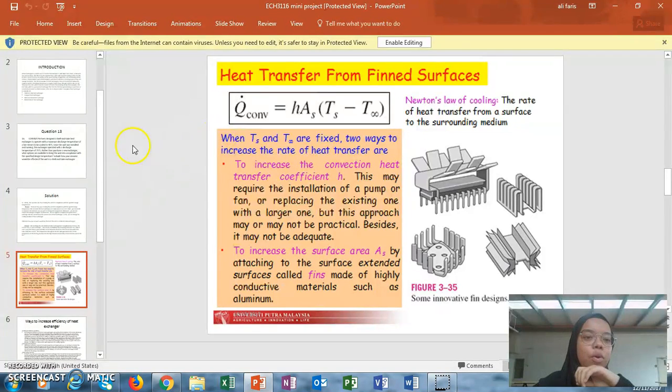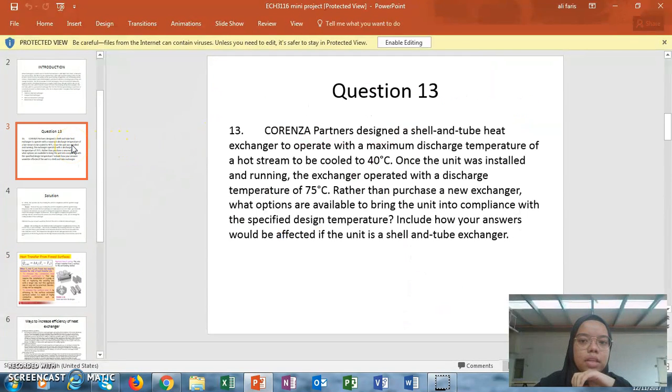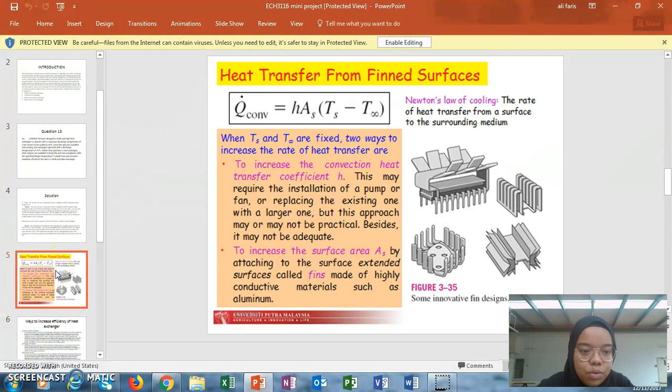In the question, you can tell that the temperature discharged is 75 degrees Celsius, although in actual they want the water to discharge at 40 degrees Celsius. That means the heat transfer is not enough. Now I will pass it to Amri to answer it further.